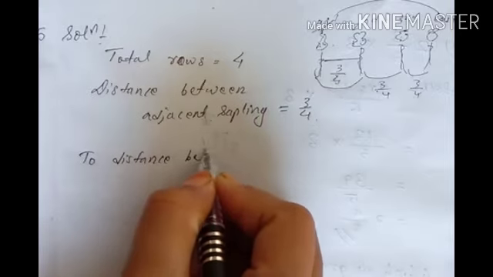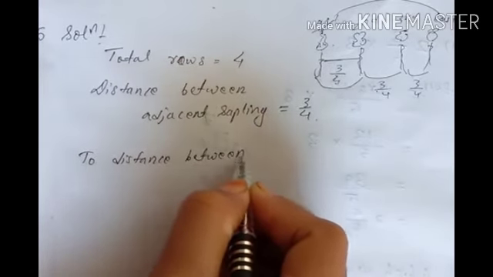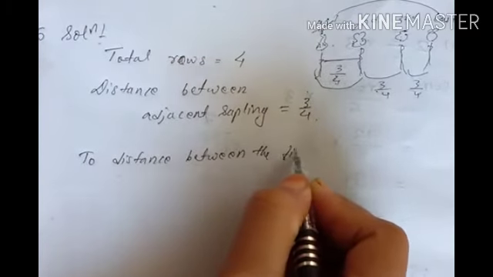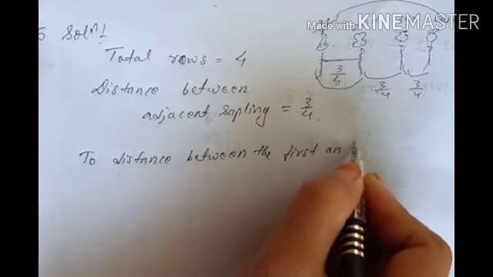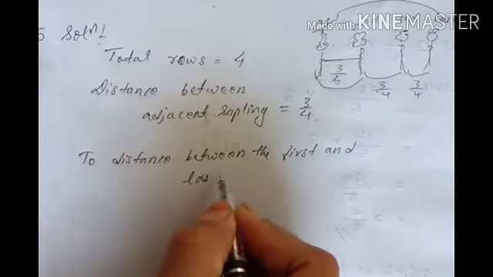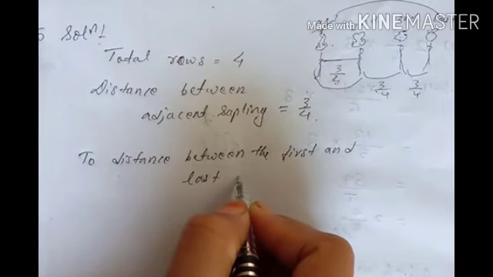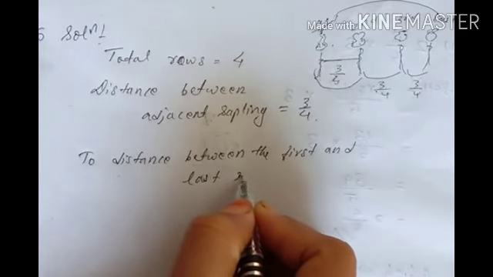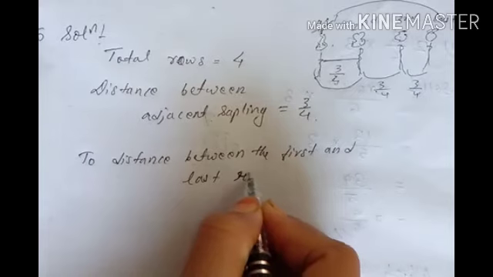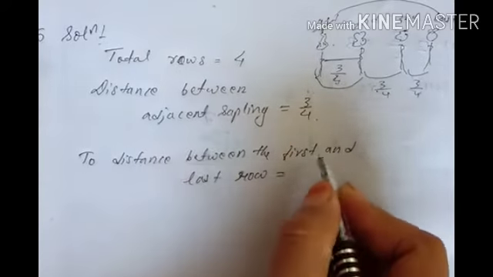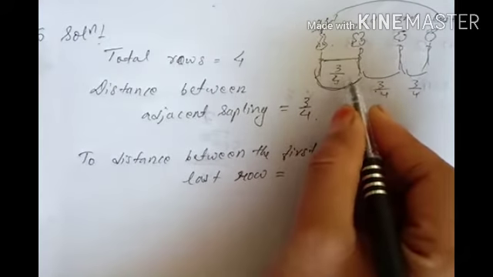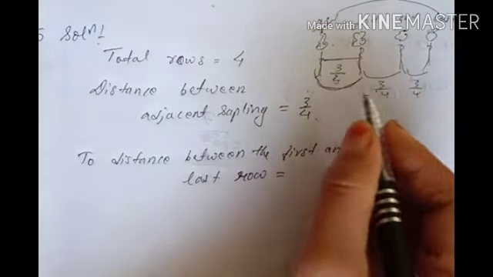The distance between the first and last row. How many are there from here to here? 3 upon 4, 3 upon 4, 3 upon 4. There are 3, isn't it?